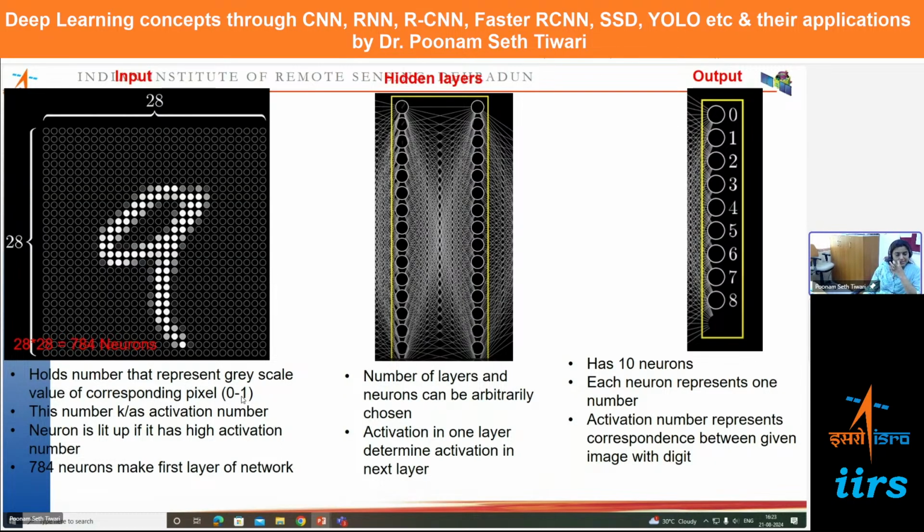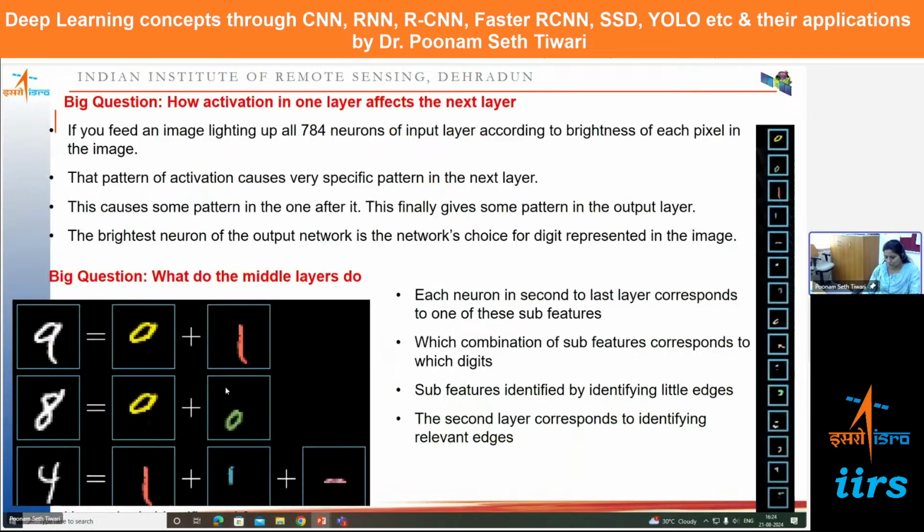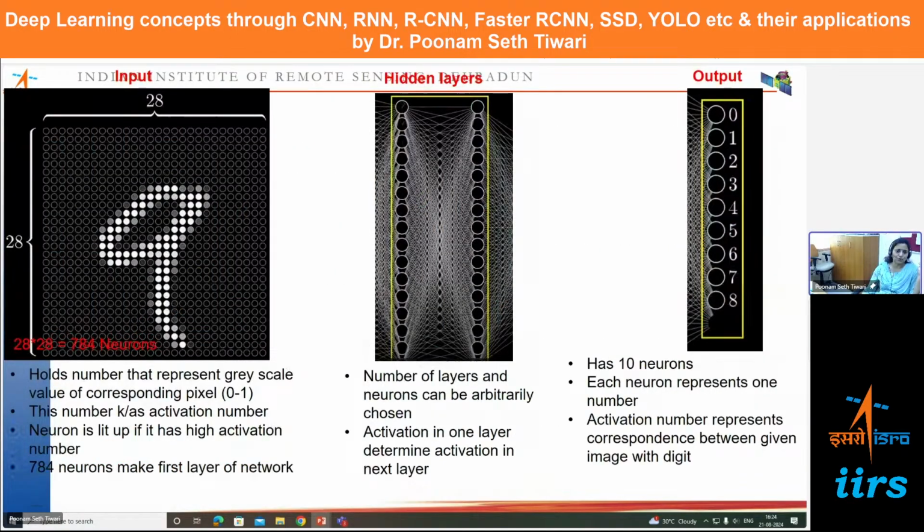In our case, our pixel values are from 0 to 1, so it should be able to hold values from 0 to 1. This number is known as the activation number. A neuron lights up if it has a high activation number, so above a certain threshold it lights up. So 784 neurons make the first layer of the network.